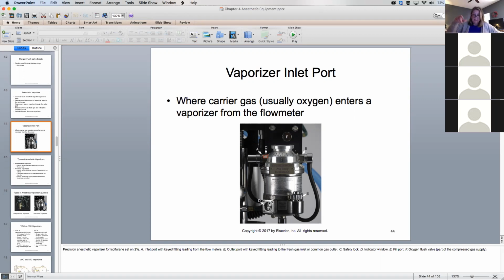You just untwist that knob, take it off, and then pour, and you have to be careful when you pour. Again, I told you guys, if you spill, you want to cap this real quick and leave the room. You don't want to stand over a spill because isoflurane can reach up to 30% just out in the environment. If you stand over it, you can get dizzy, you could potentially pass out.